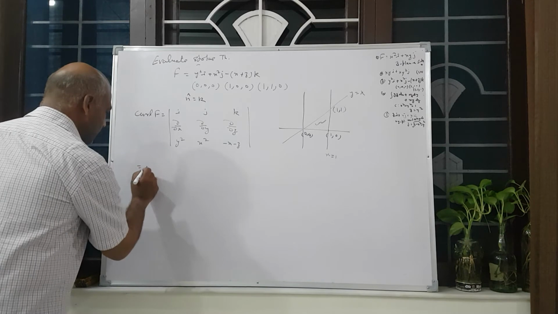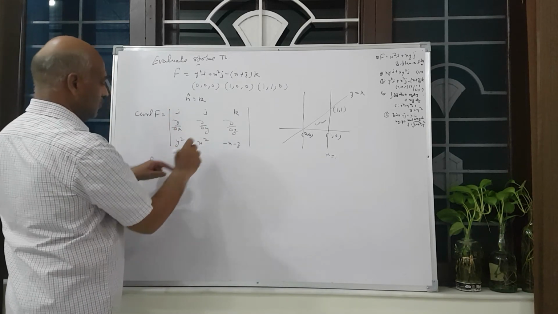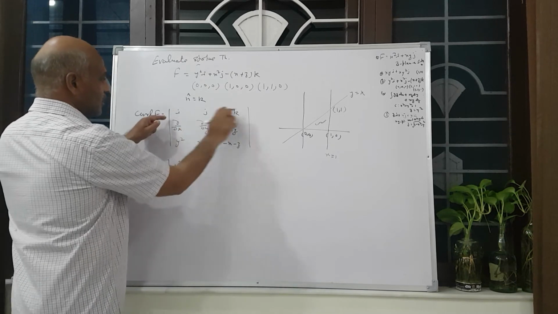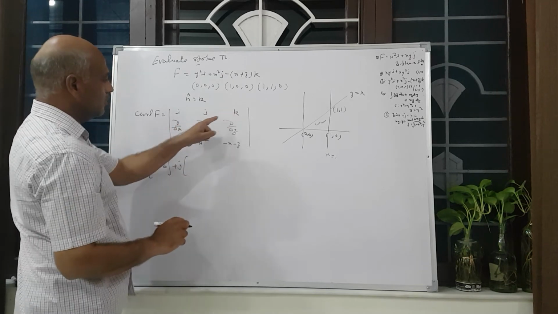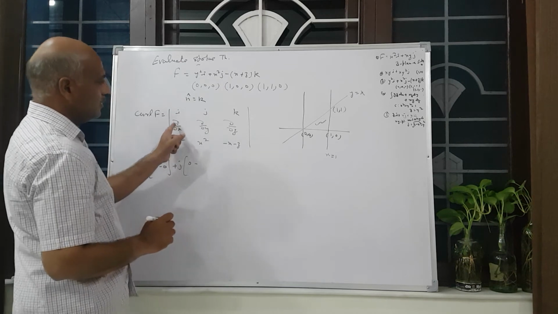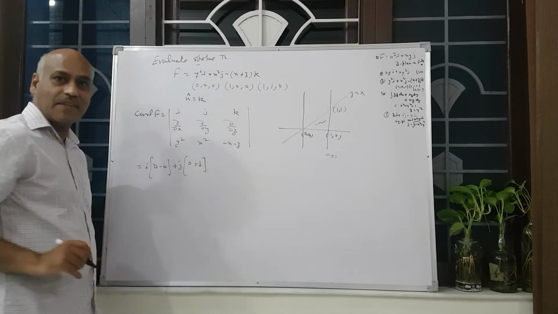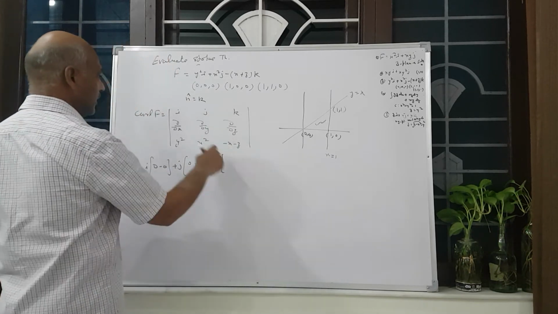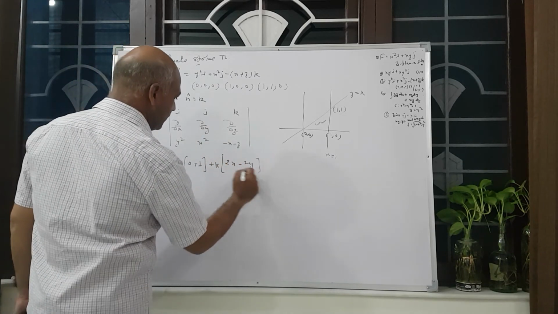So i, this has gone 0 minus 0, plus j, this one 0 minus, plus 1 x, plus k, this and this one 2x minus 2y.